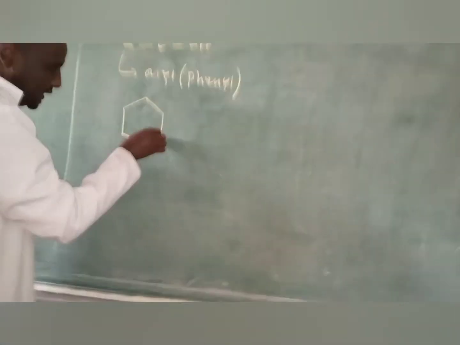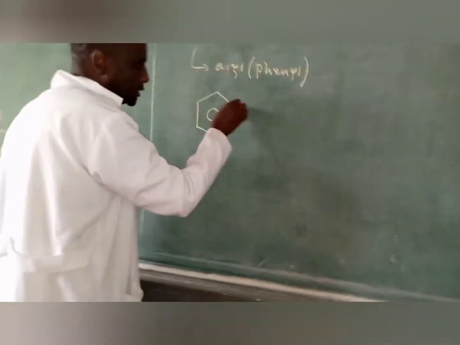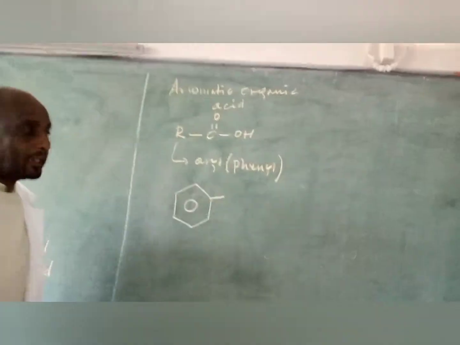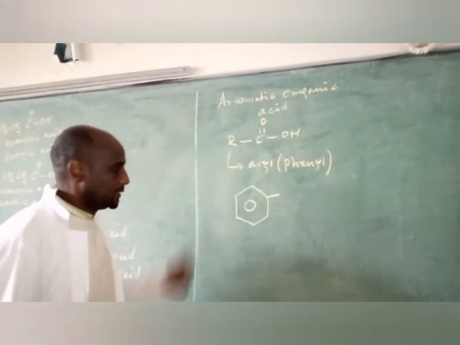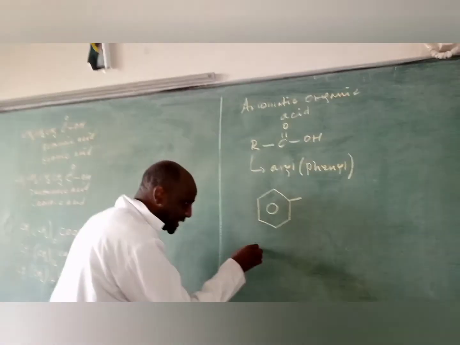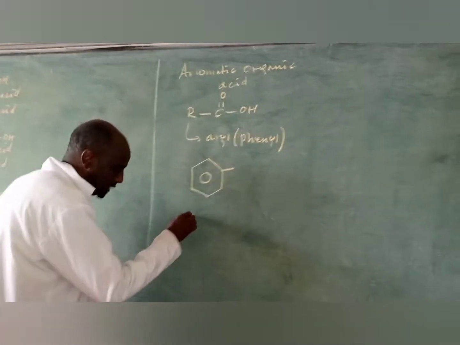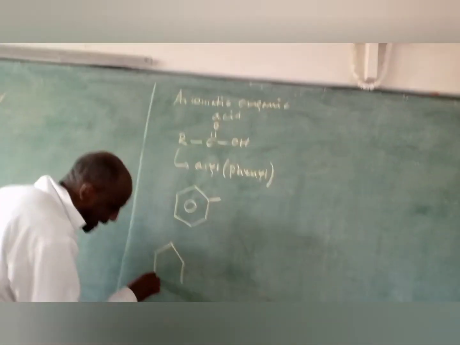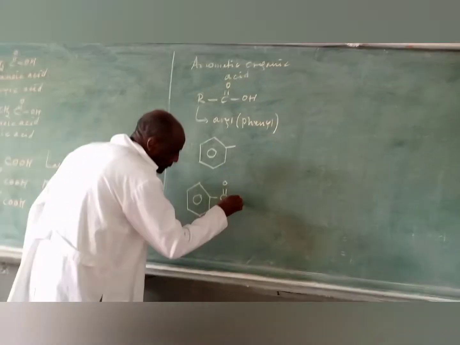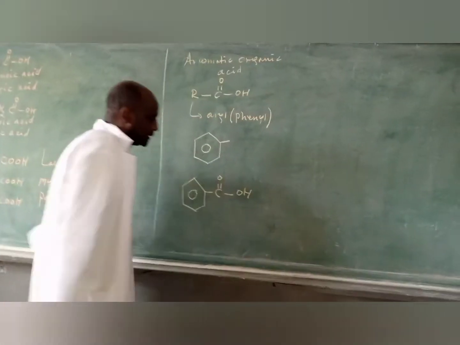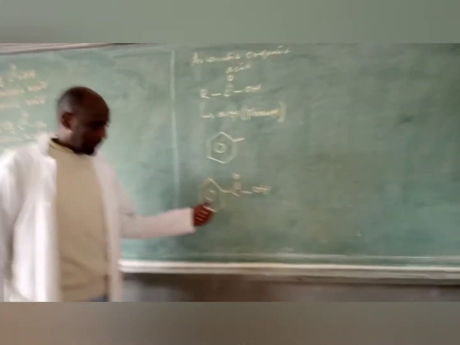This is phenyl, we call it. This is phenyl attached to the carbonyl group. In that case, the acid is known as aromatic acid. The simplest aromatic acid is this one: phenyl attached to the functional group.